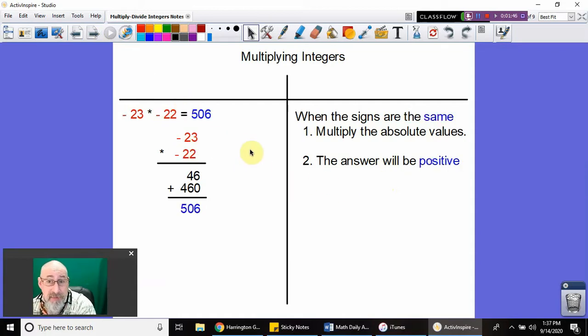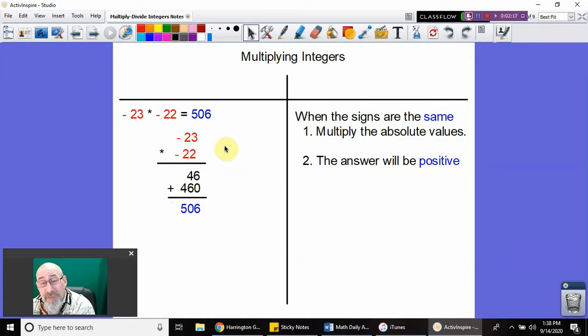Here we have two negative values. The same numbers, negative 23, negative 22, their absolute values are the same as our very beginning problem. We know that the answer is 506. The rule that we're going to use for negatives, if the signs are the same, we will have a positive value. So you notice that 506 is the same 506 as when we had positive 23 times positive 22.